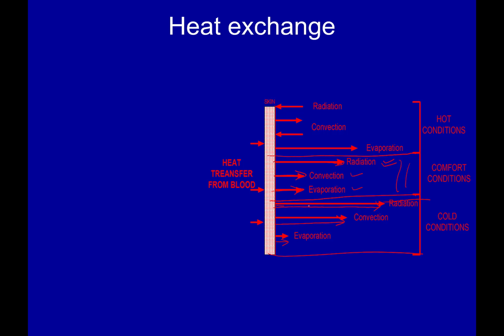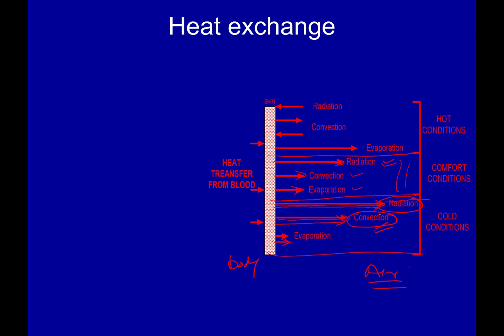So the length of these signs corresponding to the modes of heat transfer indicates their relative importance and the relative degree of heat exchange from the body skin to the surrounding environment. Okay. So radiation and convection, these two play a major role in cold conditions. So in cold conditions, efforts are made to reduce these two losses by giving proper clothing.